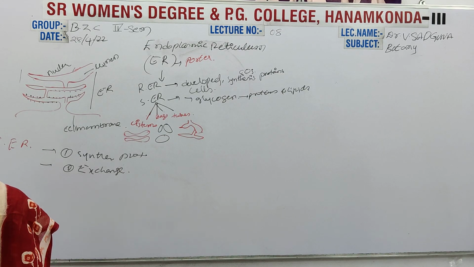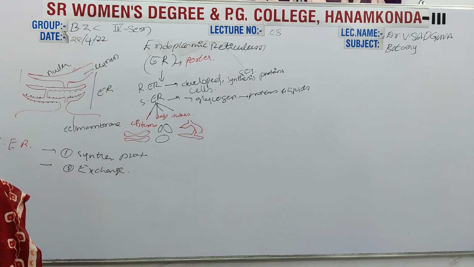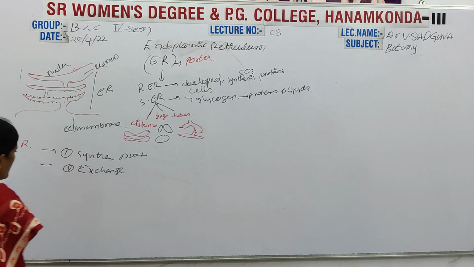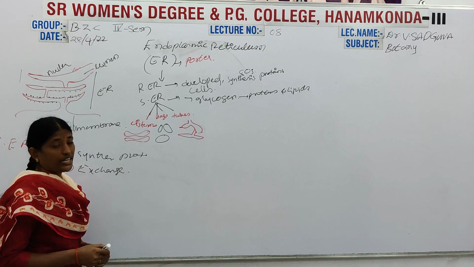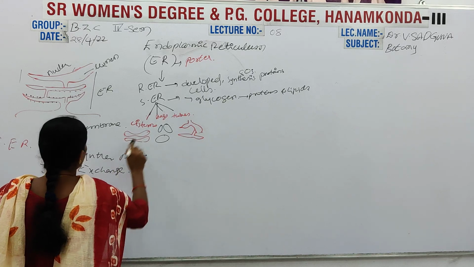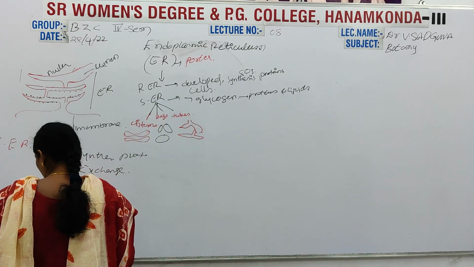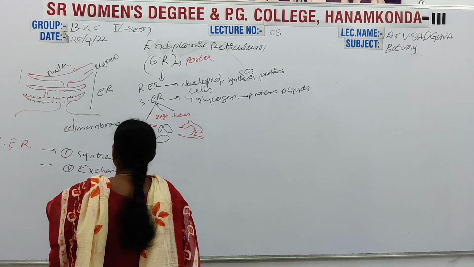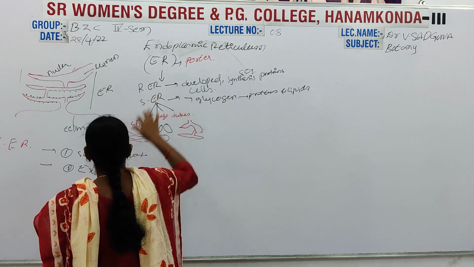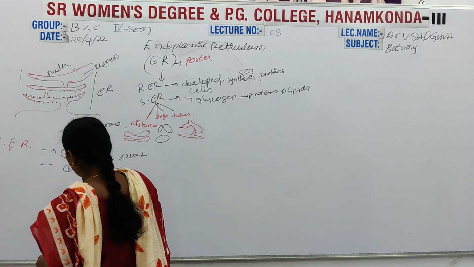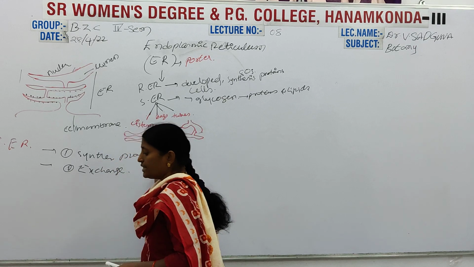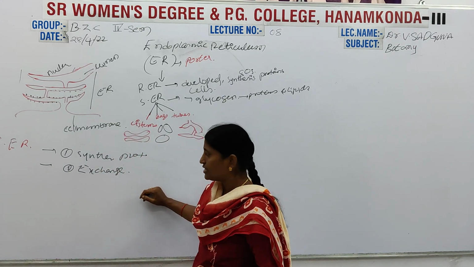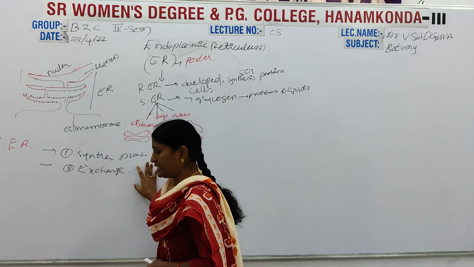Then different types of protein synthesis, that means rough ER protein synthesis, with the attachment of ribosomes. Rough ER protein synthesis, attachment of the ribosomes. It carries out different types of protein synthesis, and secretory proteins can also be synthesized.